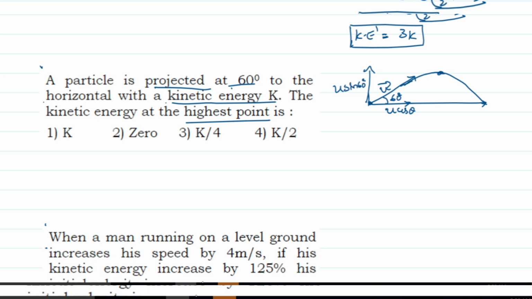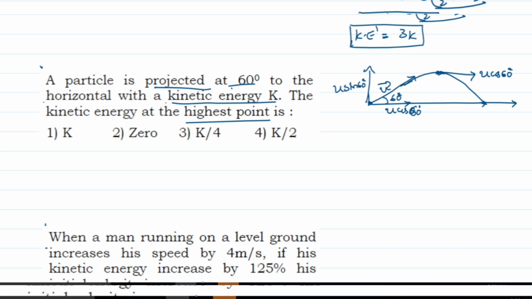In projectile motion, the horizontal velocity remains constant throughout. So at the highest point, u cos theta alone is present, that is u cos 60. At the highest point there is no vertical velocity, only horizontal velocity.